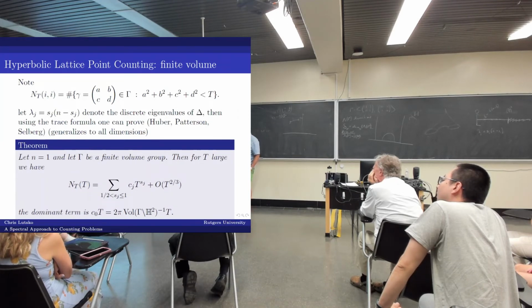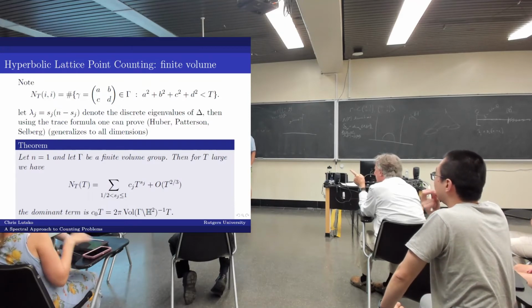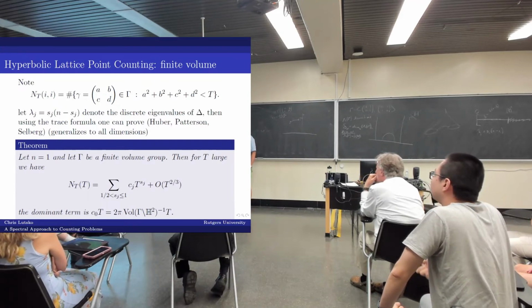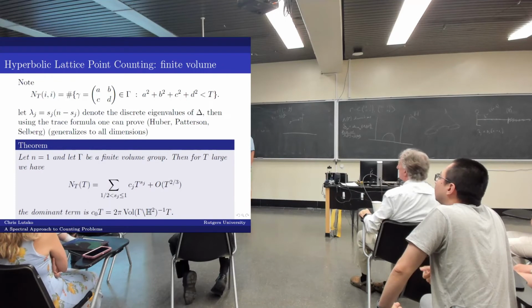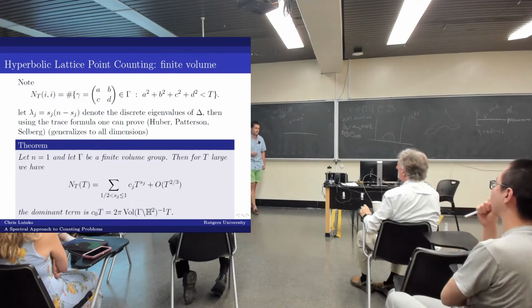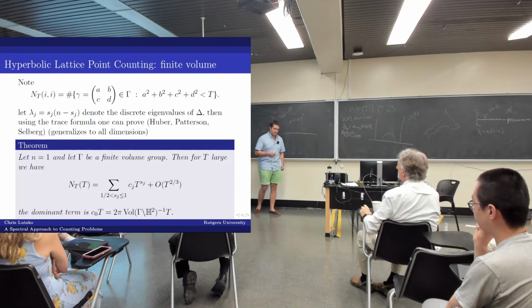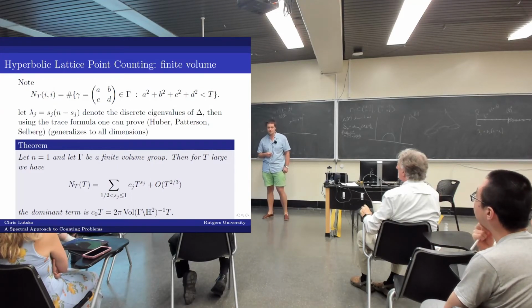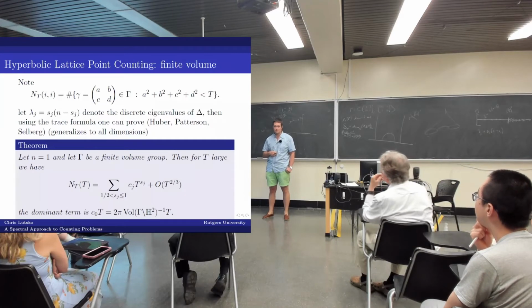The main term has size T. You said the other, suggesting that the 2/3. No. The 2/3 is the right answer. If you can prove T to the 1/2, which is the suspected answer, then you'd win $1 million because that's equivalent to the Riemann hypothesis.